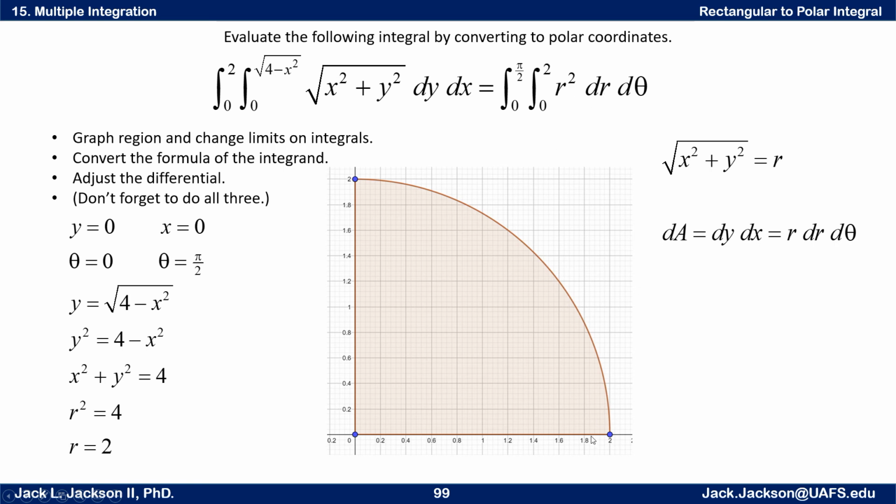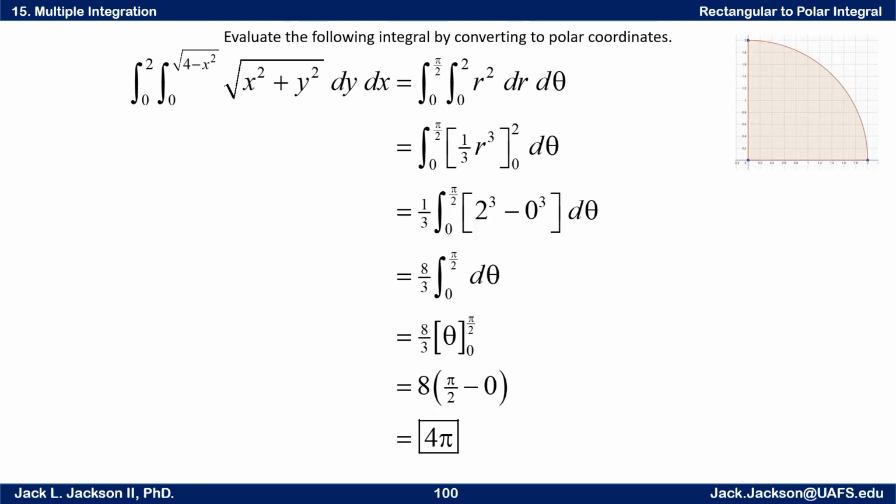And the thetas, as you can see, are going to go from 0 to pi over 2. So this is especially nice because these are just constant limits of integration, and this is a pretty simple function. So you can see that we've simplified this a lot by changing to polar coordinates. Now let's go ahead and figure out what the integral is to finish this up.